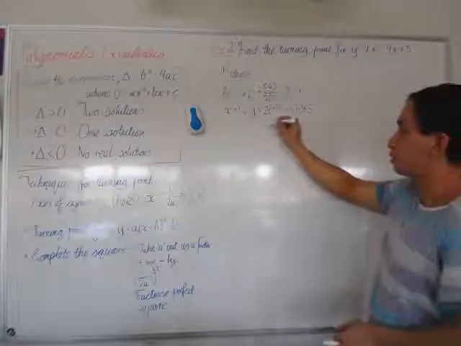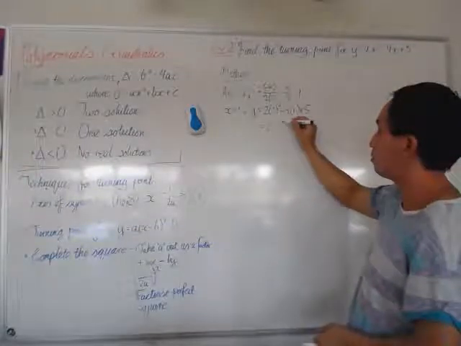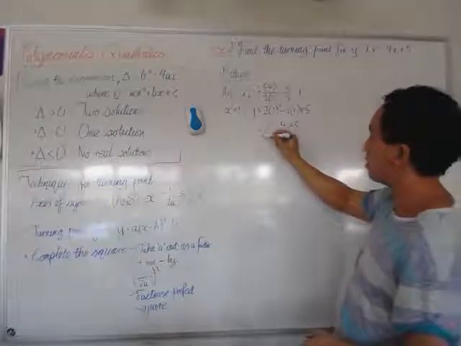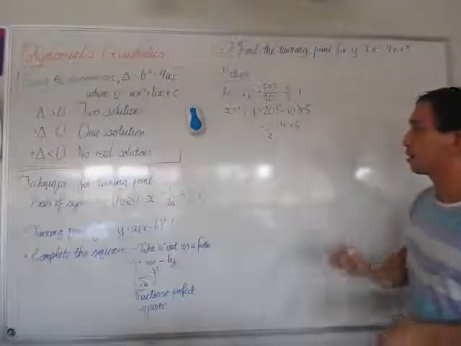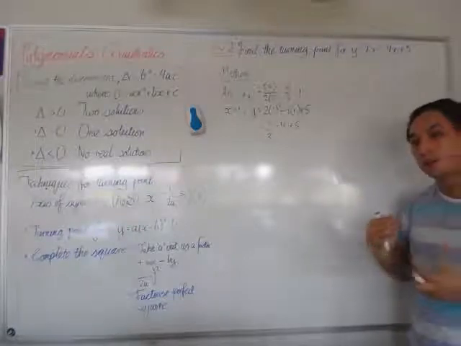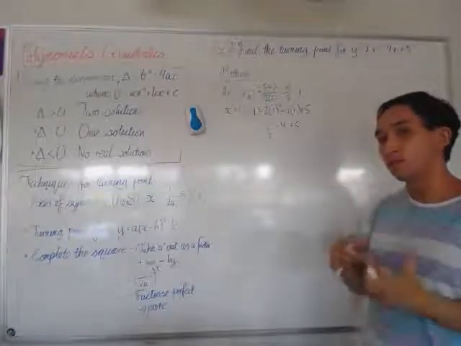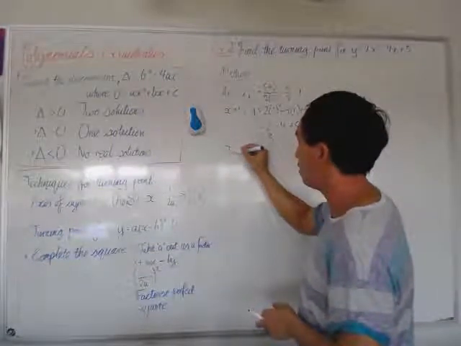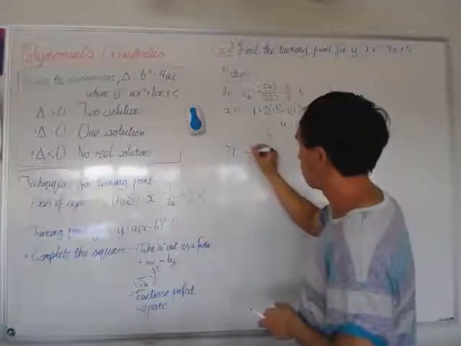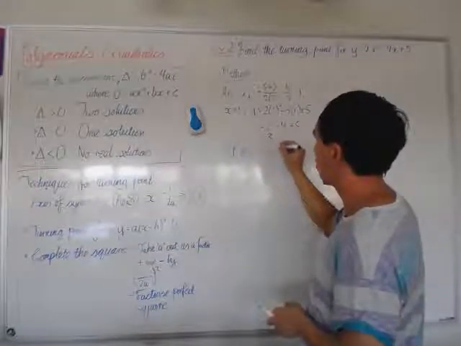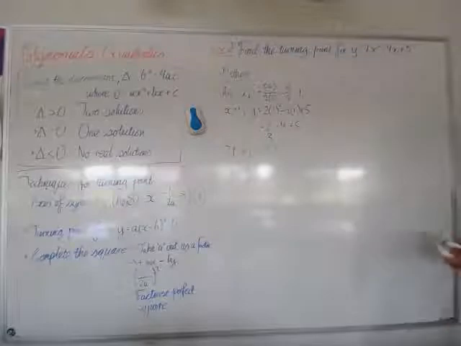Evaluating this gives us 2 minus 4 plus 5, which gives us 3, I believe. And so we just need to look at these two numbers. The axis of symmetry already gives us our x coordinate. Subbing it into our rule gives us our y coordinate. So our turning point, TP, is at 1, 3.